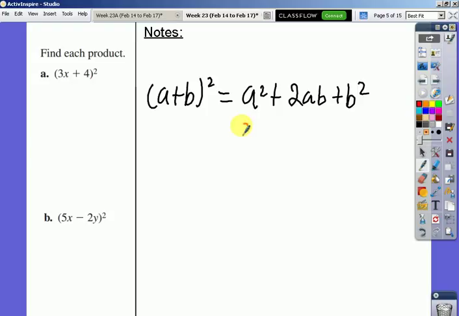So 9x squared. This is your first term. Then you take the two middle terms, you multiply it and double it. So what is that going to be? 24x. And you take the last one, you square it, which will be, there you go. See how I completed that in one simple step. All right. So if you think you know what to do for the next one, go ahead and do it.